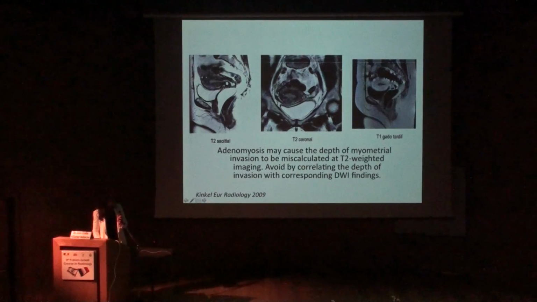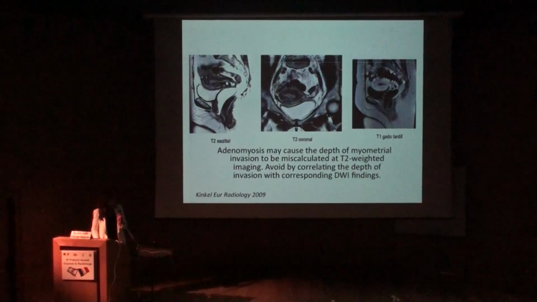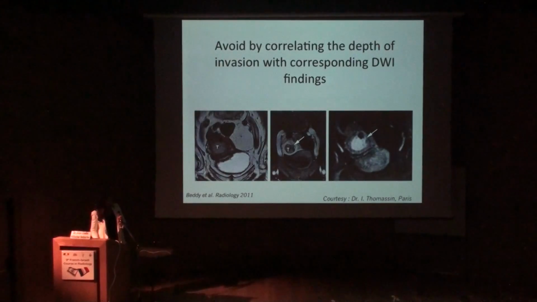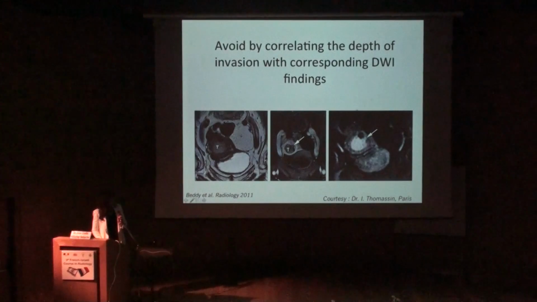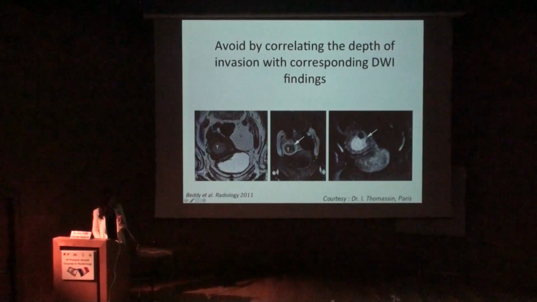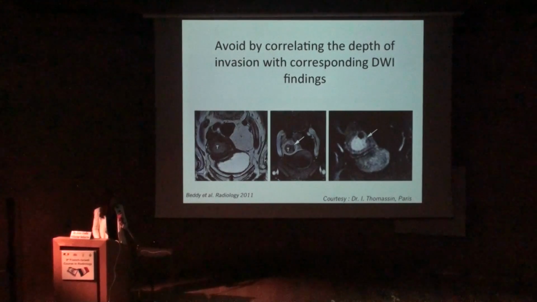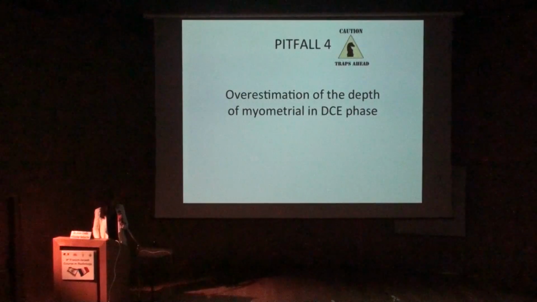Sequences with injection can help you to see the limit of the lesions. As you can see here, it is important to correlate each time the T2 sequence, the sequence with injection, and the diffusion sequence to have a clearer limit of the lesion.